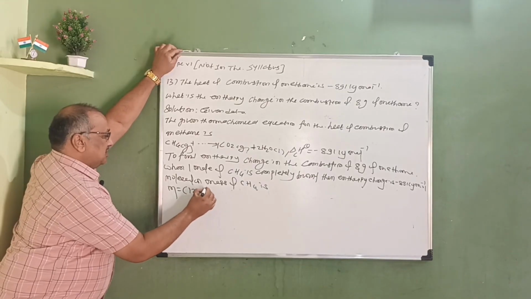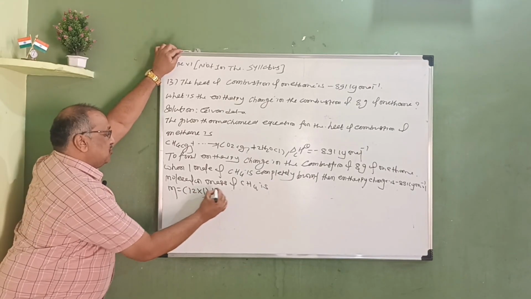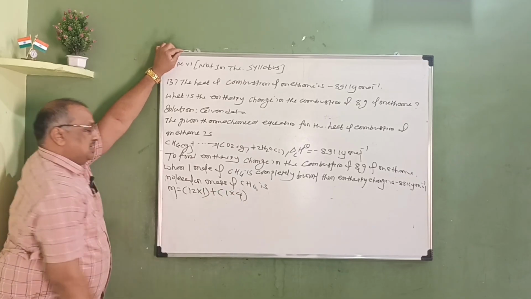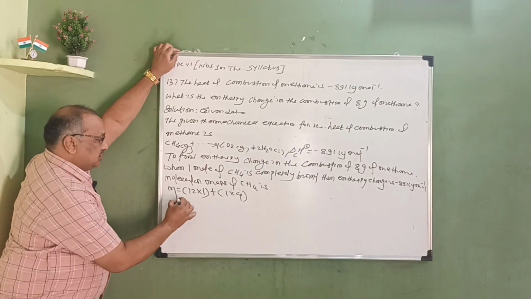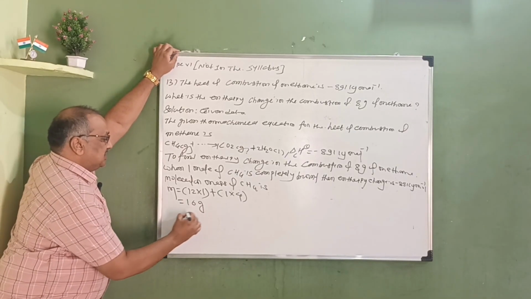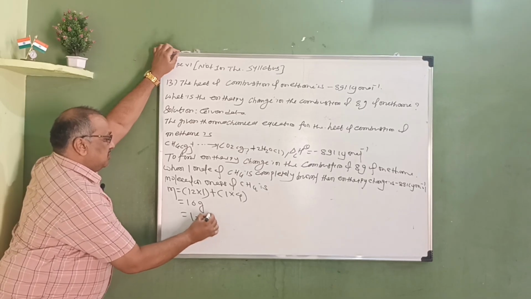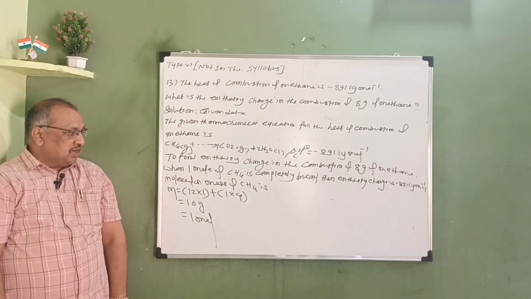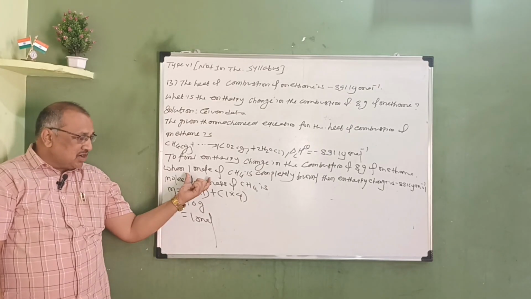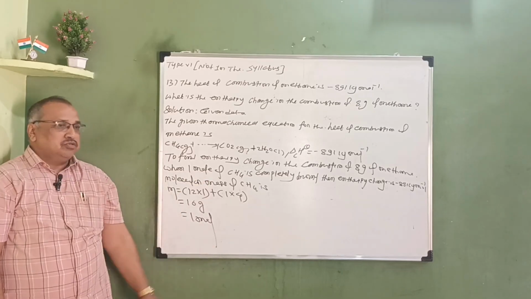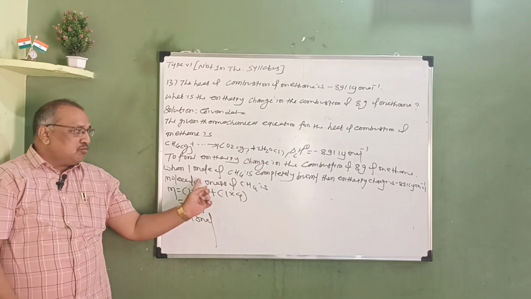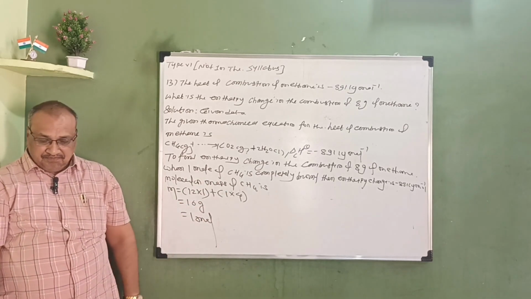But there is only one carbon, that is 12 into 1. Atomic mass of hydrogen is 1, and there are 4 hydrogen atoms, and here that is 16 gram, which is nothing but the 1 mole. That means here convert this mole equal to gram. 1 mole of methane means how many gram? 16 gram.